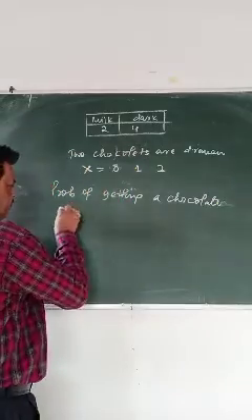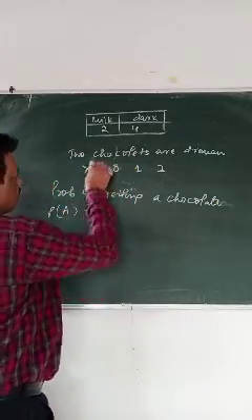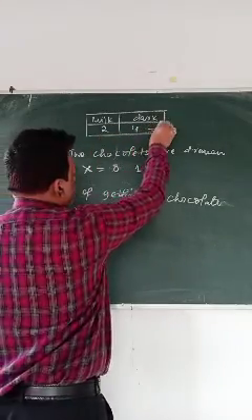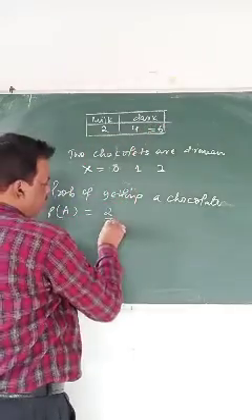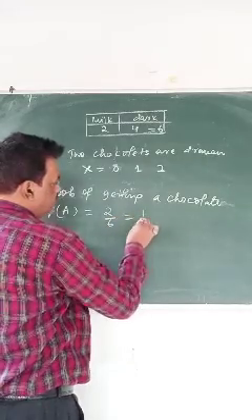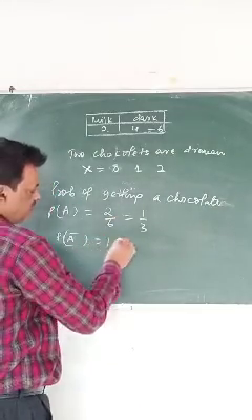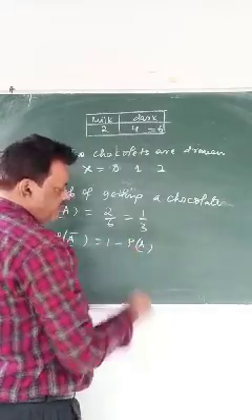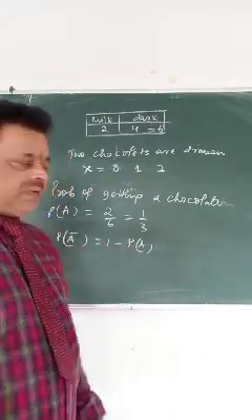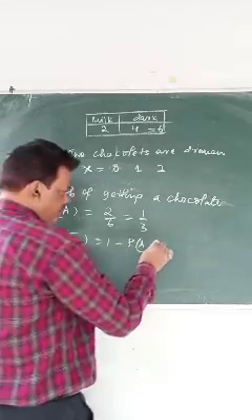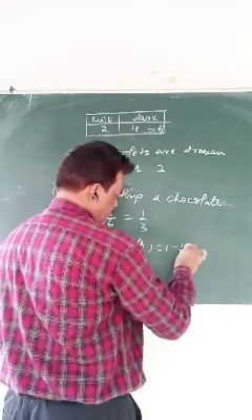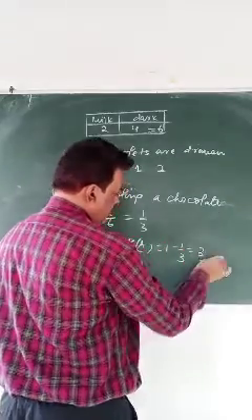Suppose A, that is 2 out of 6, that is 1 by 3. Then what is not getting? 1 minus P(A), because you may get or may not get, that probability is 2 by 3.